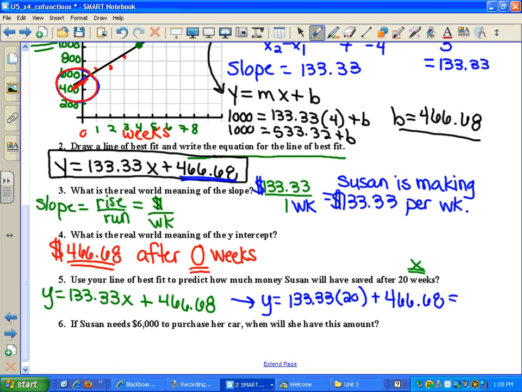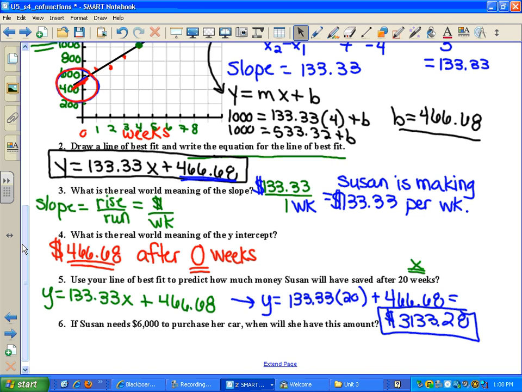So let's use our trend line, or our line of best fit, to help us predict how much money she's going to have. I'm going to take 133.33, multiply it by 20, and then add 466.68. And I end up with $3,133.28.